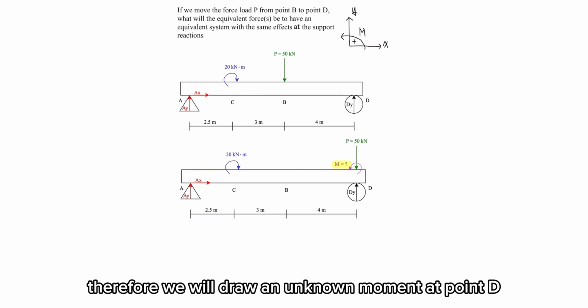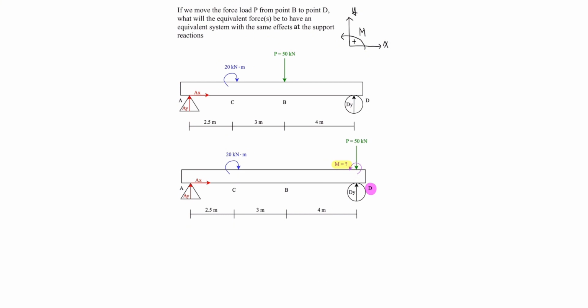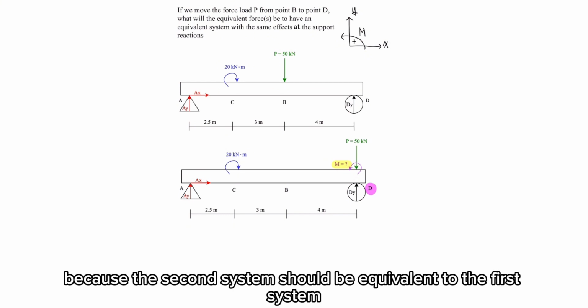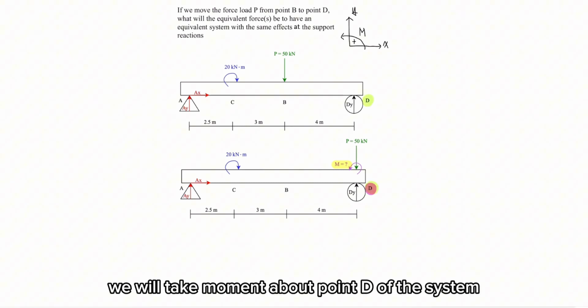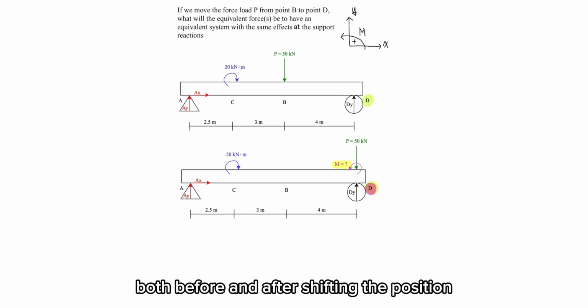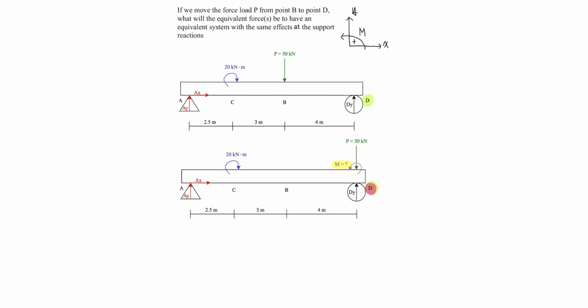Therefore, we will draw an unknown moment at point D, which we will name M. Because the second system should be equivalent to the first system, we will take moments about point D with the system both before and after shifting the position.